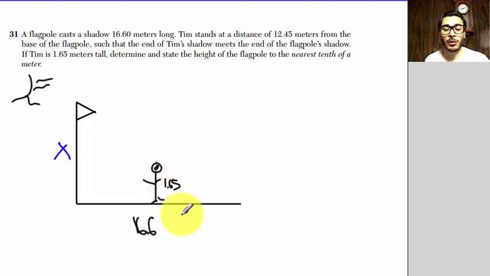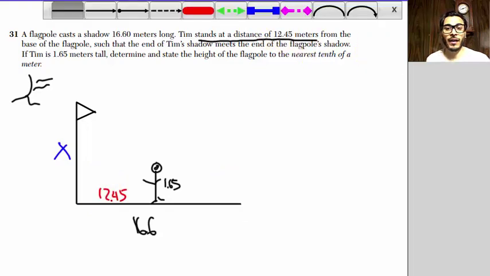And they would like for us to solve for X. Oh, forgot one more thing. The distance from here to Tim is 12.45. Okay, so we got to solve for X.